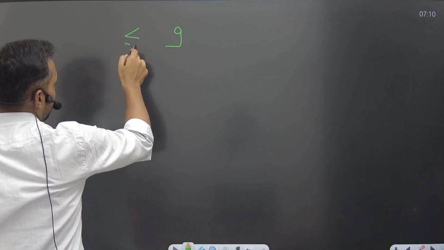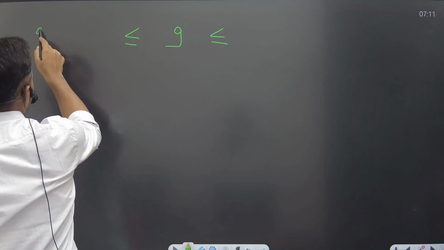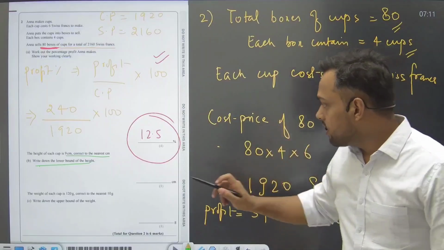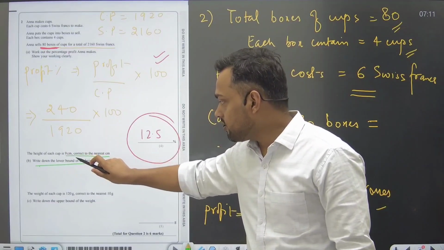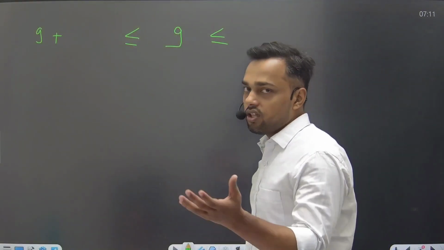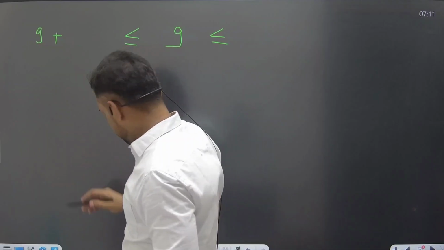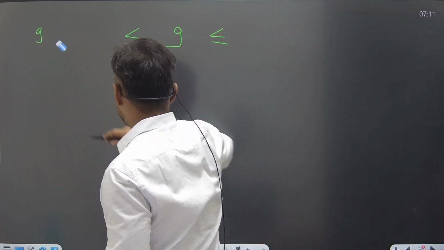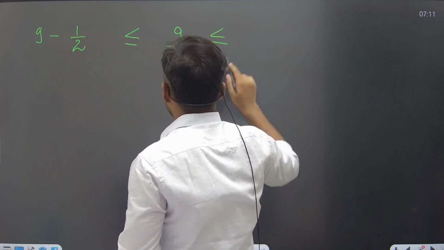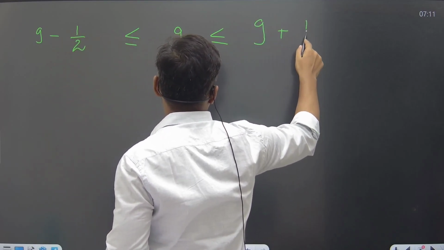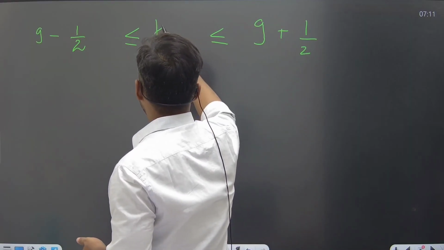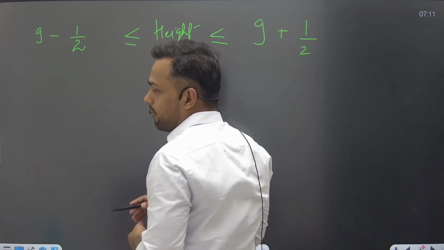If they say the height of the cup is 9 centimeters, correct to the nearest centimeter, then it will be 9 minus 1 by 2, and similarly it will belong up to 9 plus 1 by 2. This is how we need to calculate the upper bound and lower bound.